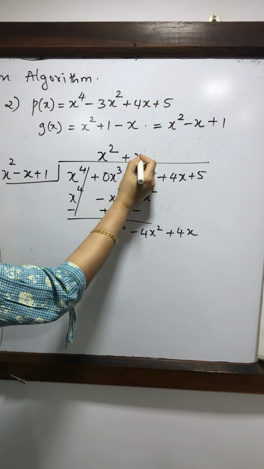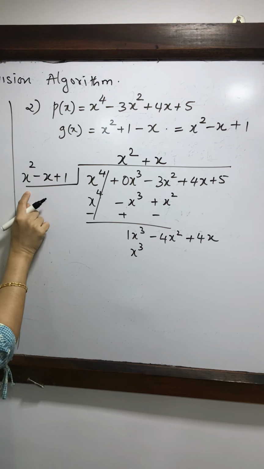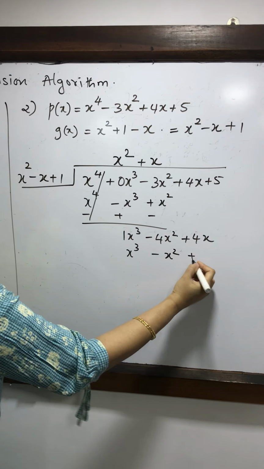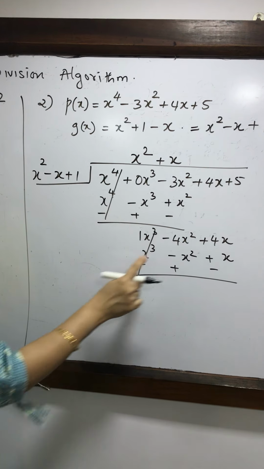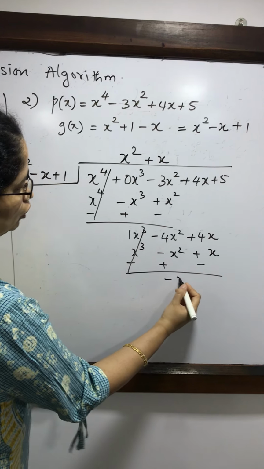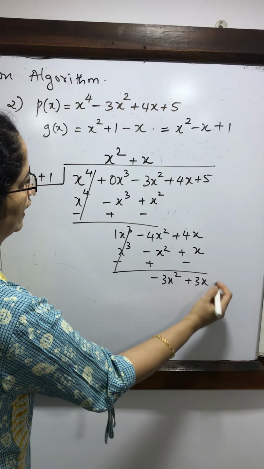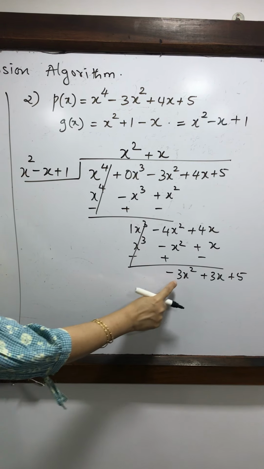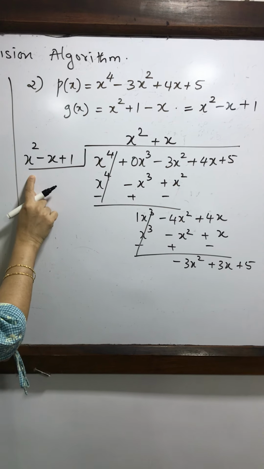So that is x. We multiply x with all these terms to get x cube minus x square plus x. Change signs to solve further. This is minus 4 plus 1, so minus 3x square, and this is plus 3x. We bring 5 down and find the next term of the quotient by dividing minus 3x square by x square.